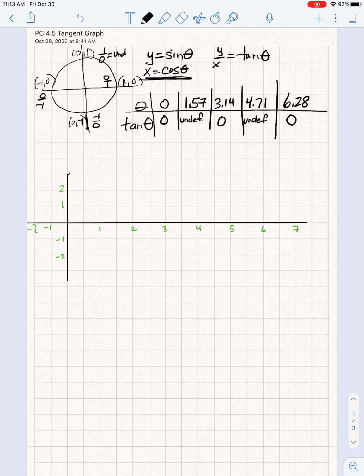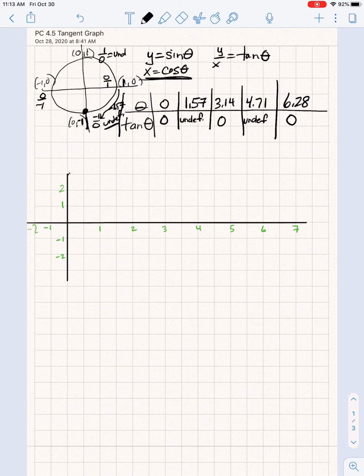Now, one more coordinate, just to back this up a point. I want us to go to negative pi over 2, or negative 1.57. I didn't quite leave enough room for my chart there, sorry about that. We pick up an extra undefined point, going backwards to negative 1.57.